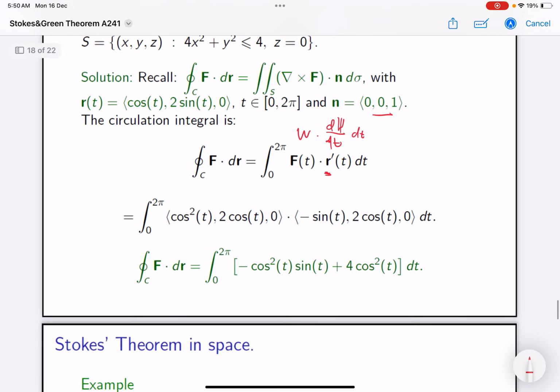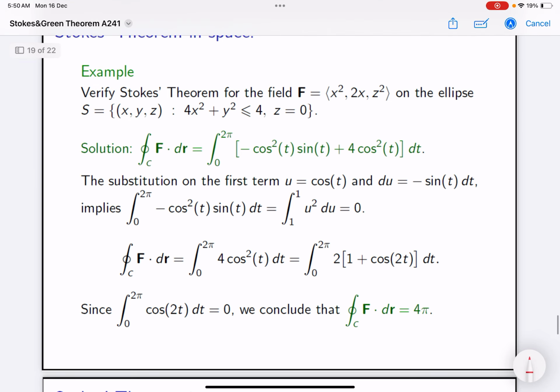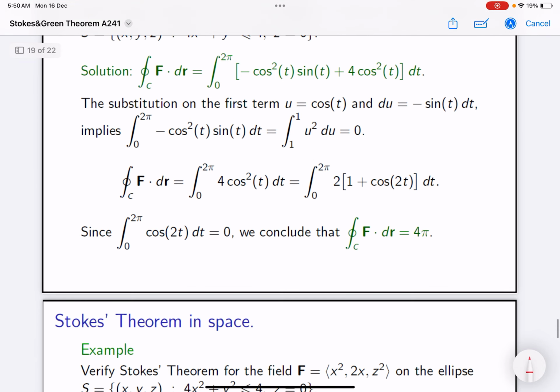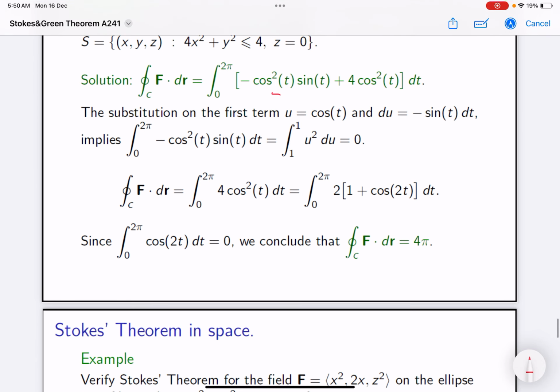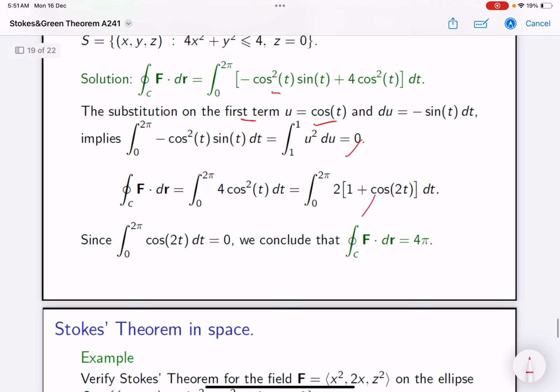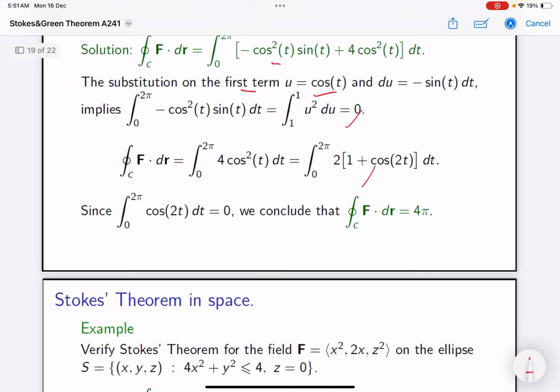This goes on straightforward, almost the same thing, but the ellipse is a little bit different. I'll let you go through everything using the substitution method to solve the problem.